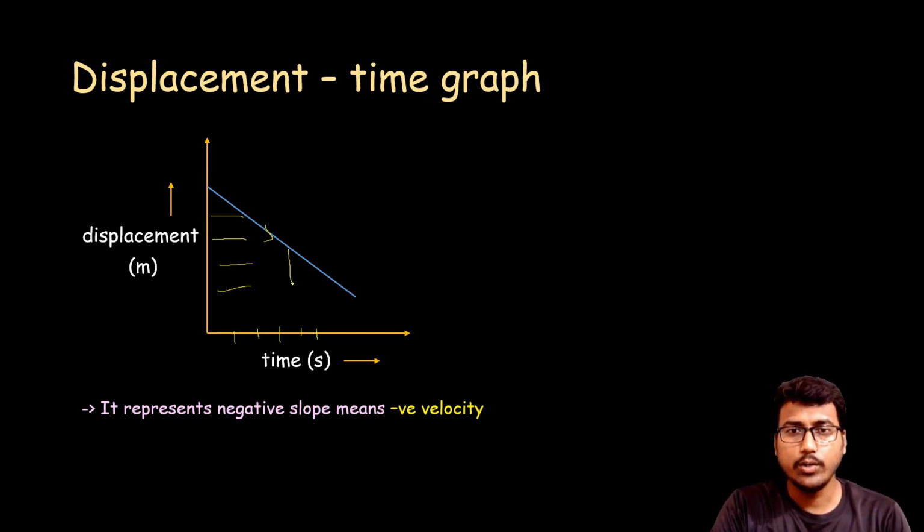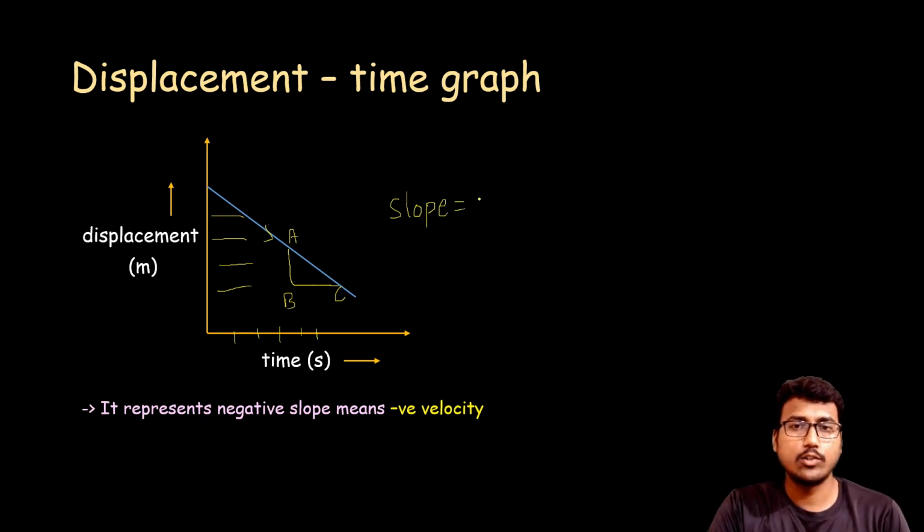When you mark points A, B, C, what is the slope? Slope equals y2 minus y1 by x2 minus x1. We can also call it AB by BC. So you should understand it in different ways. AB is y2 minus y1. Y2 is here, y1 is here, and y1 is more.